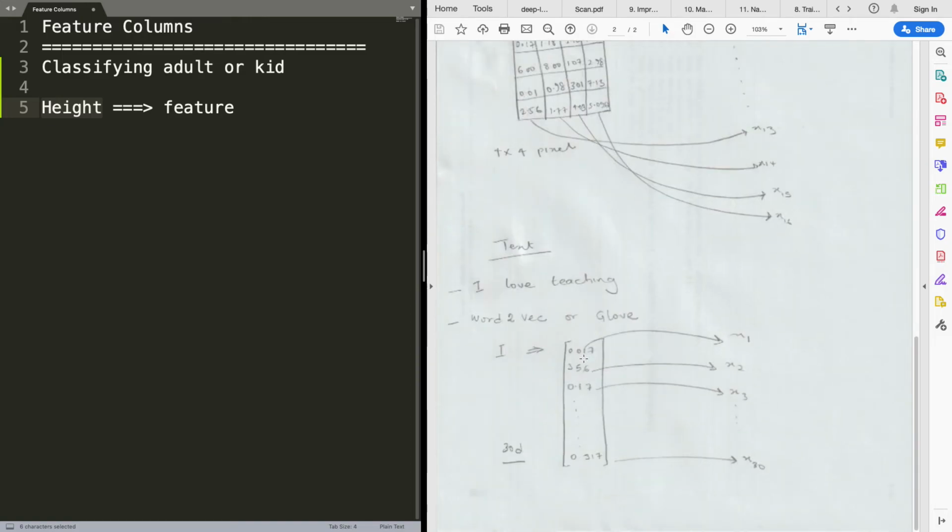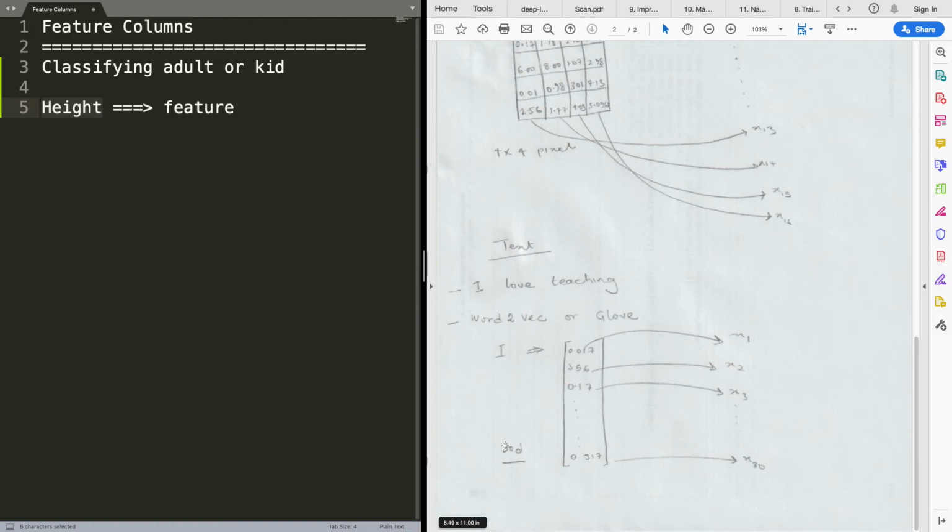When you get to text, for instance, we have a sentence like I love teaching, and you're trying to do sentiment analysis or sentence classification. You use word2vec or GloVe to take each of these words and get a column representation, a word embedding, of each word.